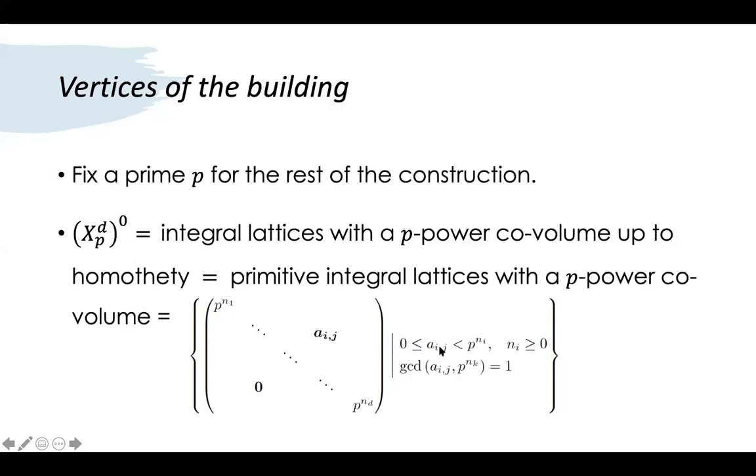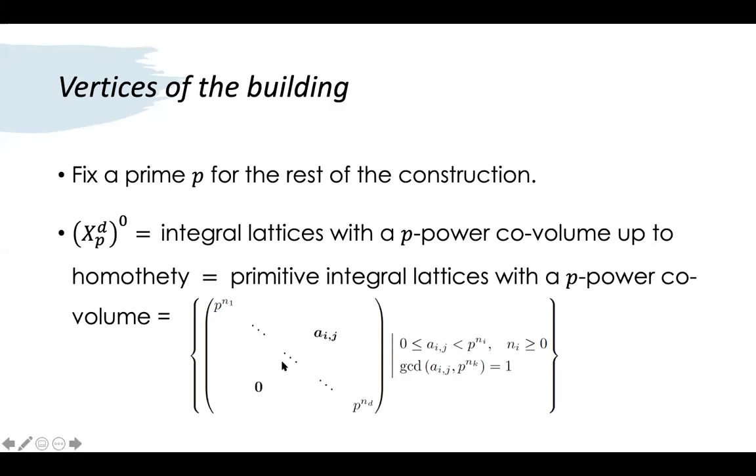First of all, in the first row, there are only integers between 0 and p to the n1. So they should be strictly smaller than p to the n1. And in the second row, there are integers that are strictly smaller than p to the n2 and larger or equal to 0, so non-negative integers smaller than p to the n2.